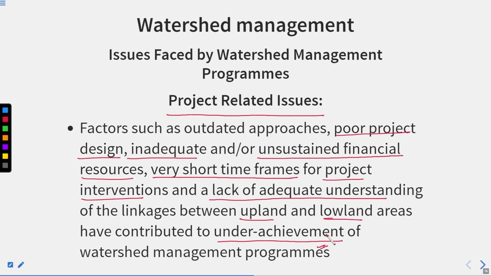Now if the people who are practicing the watershed management program do not have the knowledge of upland and lowland, how are they going to use this program? Poor knowledge or poor project design of this watershed management program is going to fail this project, and there will be a lot of issues, right?